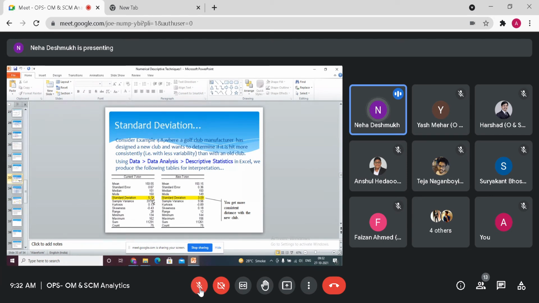In current 7 iron, the standard deviation value is 5.79, and in new 7 iron, the standard deviation value is 3.09. So, which one is better? 3.09. Why? Because the variation in data is less, which means data is more consistent, right?